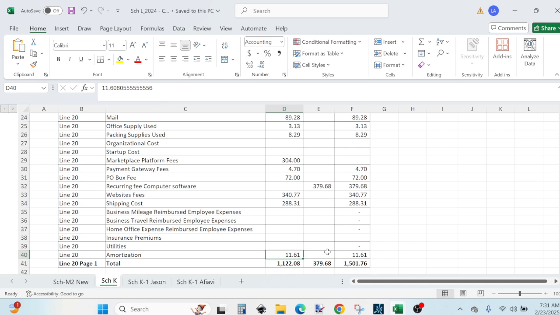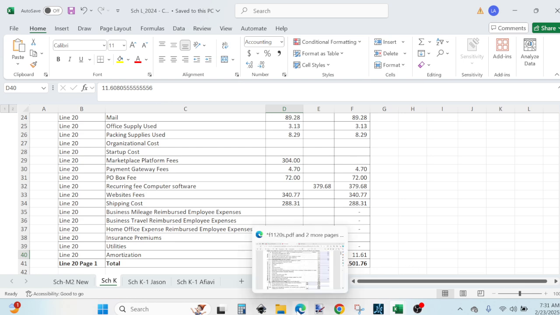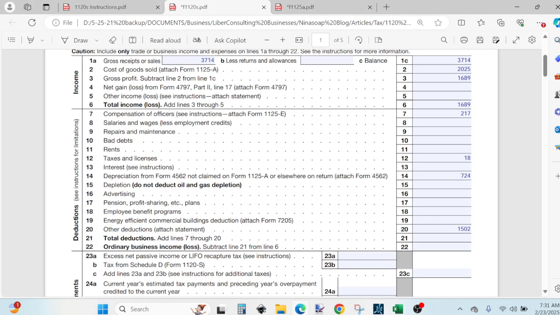But amortization is the reason why we came back here. So amortizations will go there as well, and the total to that 1502 that we put. So an attachment will be added when line 20 is filled. So total deduction is going to take line 7 all the way to line 20, and let's get to it.